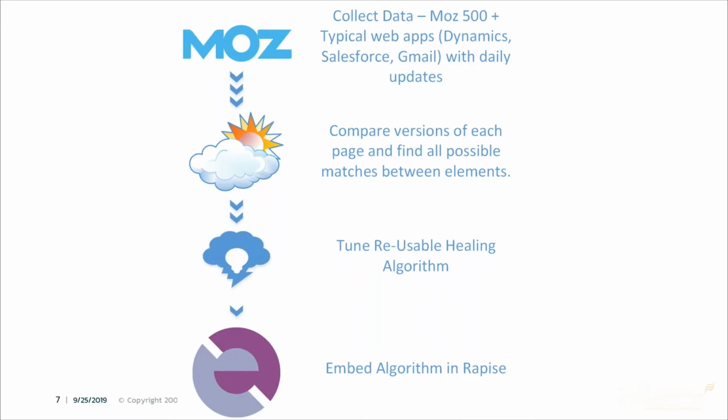We are monitoring over 500 different public web resources every day and see what changes are happening to those websites. These are sites like Amazon, like Mozilla, like Salesforce, Gmail. So these sites are getting updated daily. We monitor these updates and we collect information about what usually changes on the website.